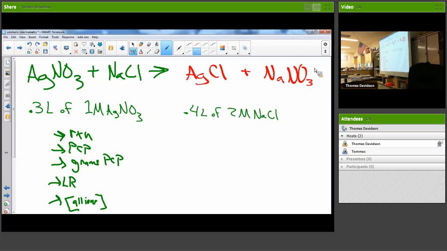All right. Using our solubility rules, I don't even know if this will, it won't tell you what is, but it'll definitely tell you what isn't. So which one is definitely not the precipitate? This one, right? So this must be my solid. Okay?